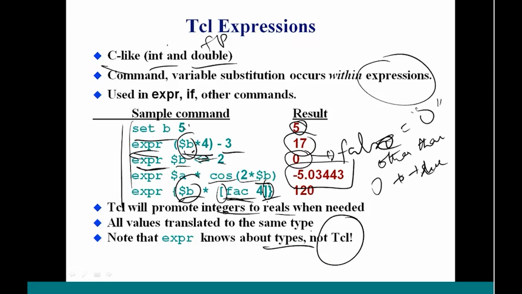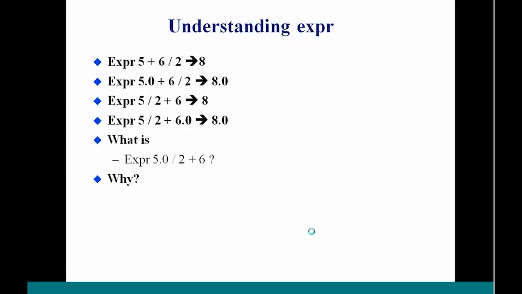Tcl is just a collection of words. Imagine, it's just a collection of words, and still it is very powerful. And today a lot of programs actually run with this. So now let's look at some more examples to understand expr in more detail.